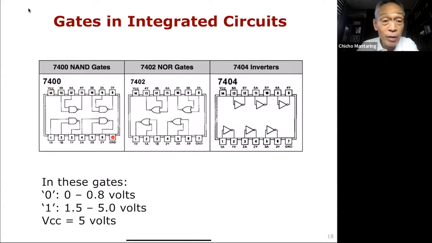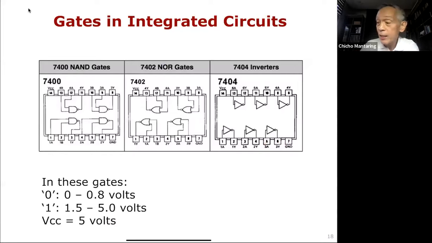Here I connect my ground. And then here I can pick any NAND gate. These are my inputs, and this will be my output. The same with my 7402, and in my 7404, I have 6 inverters inside. So I just connect this to my power supply, this to my ground, and my input will be any one of the inverters, and I pick out my output from that particular inverter.